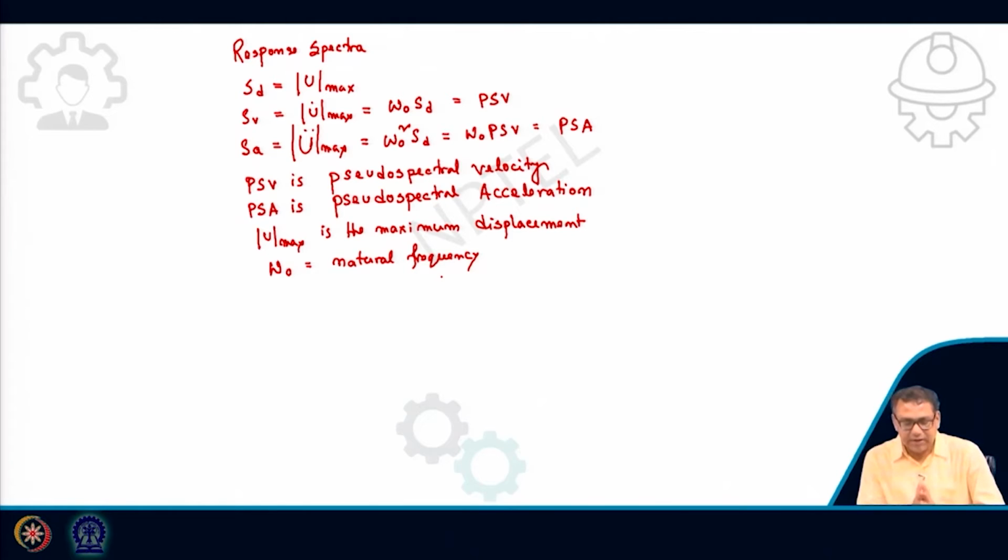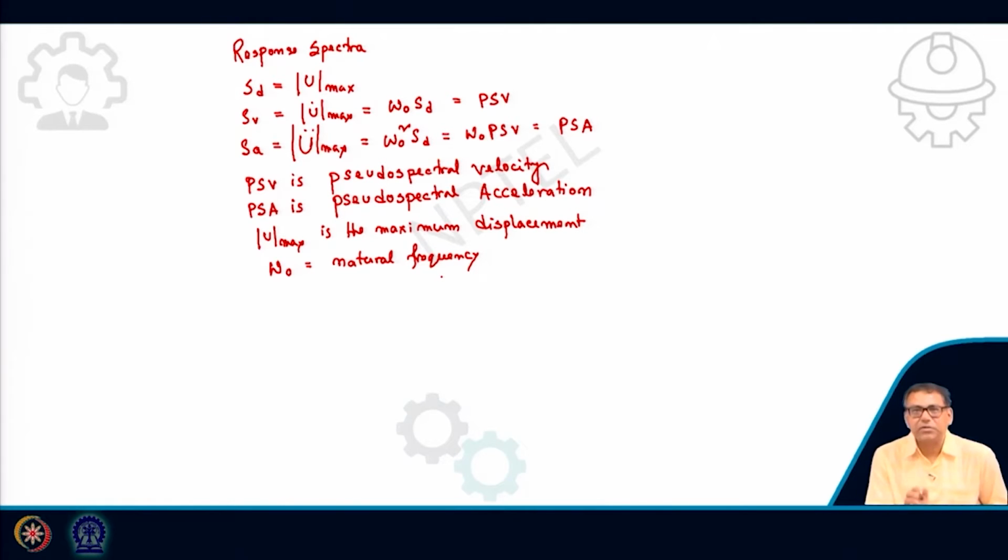First I will get the spectral displacement, which is U max, and I have discussed how I will get U max. Then I will get SV, which is U dot max, that means we have to multiply SD by omega 0, and for SA, the spectral acceleration, we multiply omega 0 squared by SD. In a similar way you will get the U max value for these response spectra.